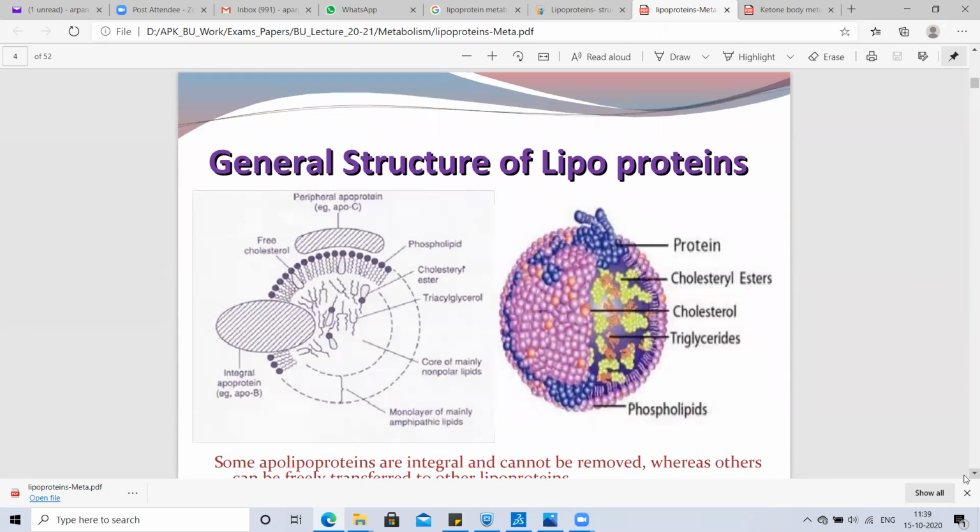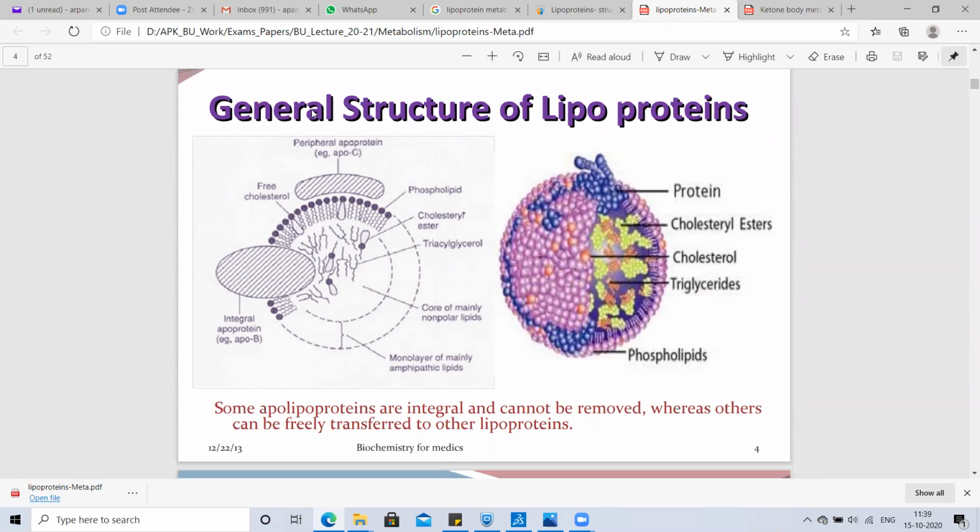this is the general structure I have shown in my earlier class. The peripheral component of this sphere-shaped lipoprotein consists of peripheral apoproteins, for example ApoC. There is ApoB also, and free cholesterol molecules and phospholipids.